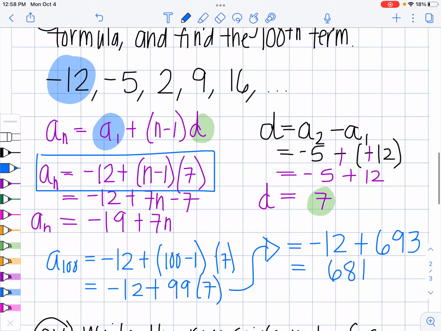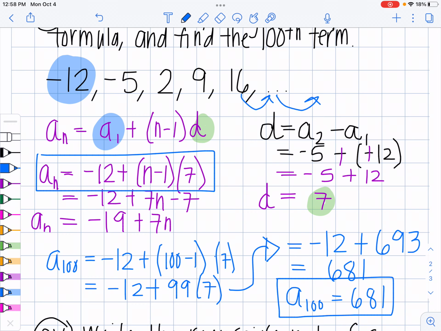So my 100th term is equal to 681. Now, that's a lot nicer than saying, okay, plus 7 here, and then plus 7 here, and then plus 7 here, and then plus 7 here. You can see how tedious that would get to do that 100 times, basically. So that's why this explicit formula is really nice.